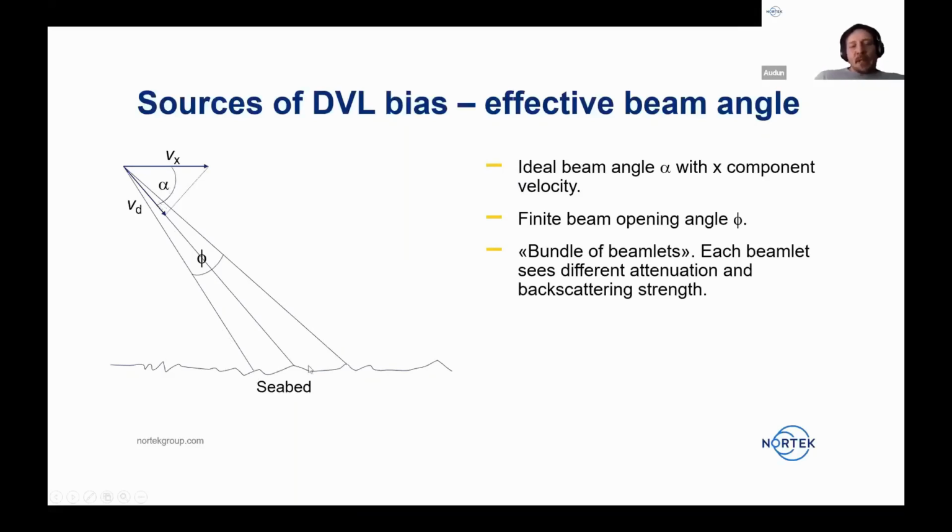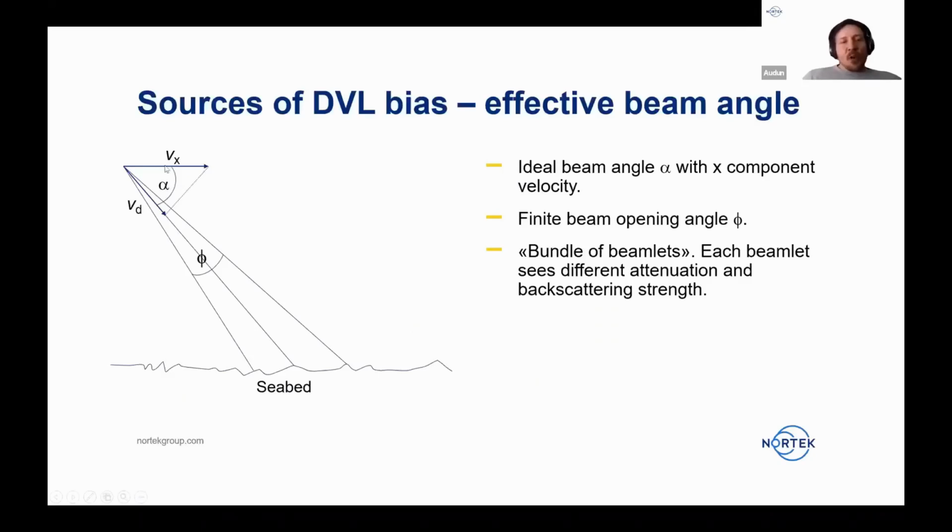And the backscattering from the seabed will also have some dependency on the incidence angle here. And to make matters worse, that function also depends on the surface roughness of the seabed. So your bottom type also dictates slightly how this angle changes.